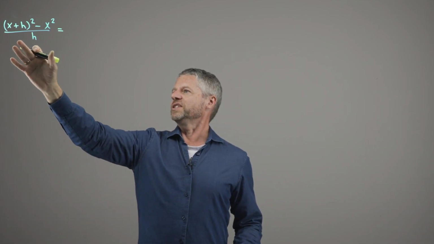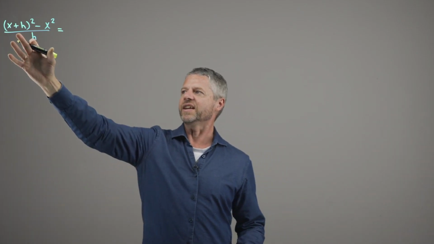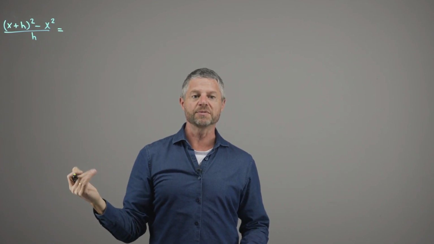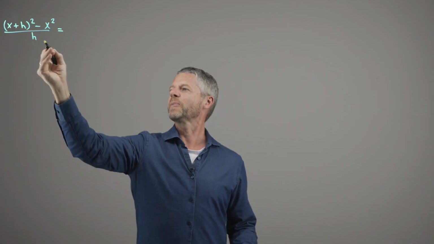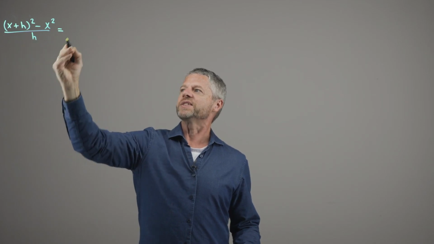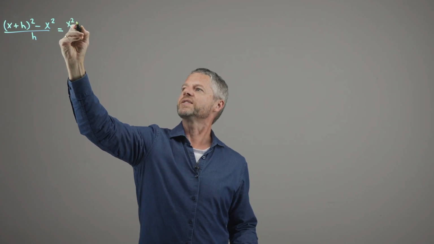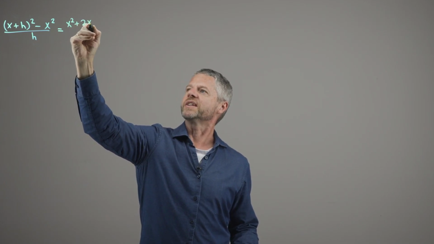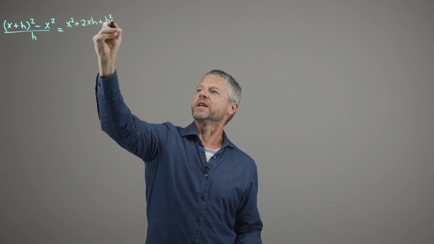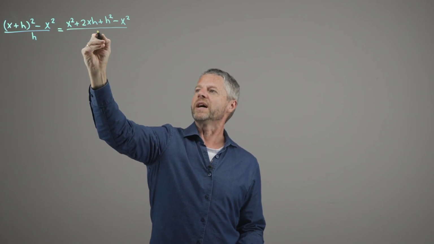Just looking at the expression, I think the only thing I can do initially is expand what's in the numerator and then go from there. So I have to expand (x plus h) squared, so I'll have x squared plus 2xh plus h squared, and then I'm subtracting x squared, and I'm dividing all that by h.